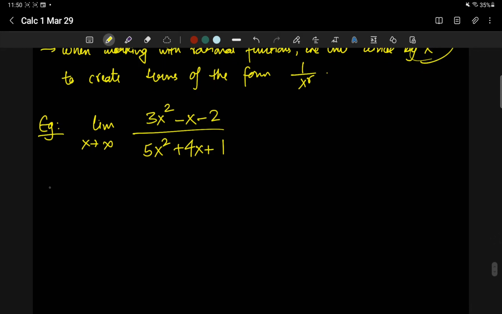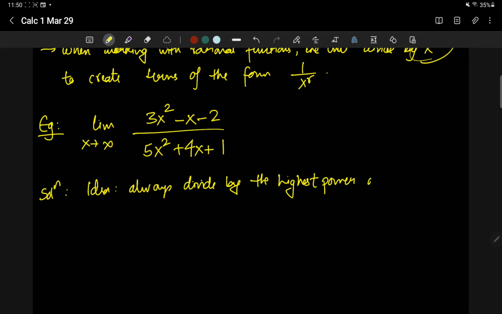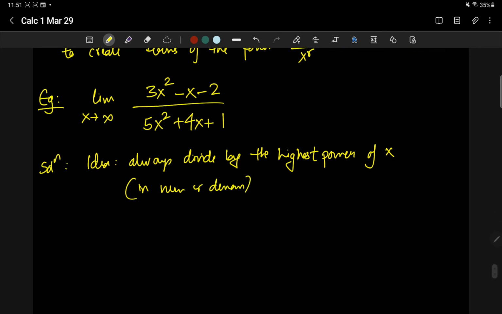Okay, here's the solution. The idea is to always divide by the highest power of x, in numerator or denominator. So whichever one has the highest power, you take that power.